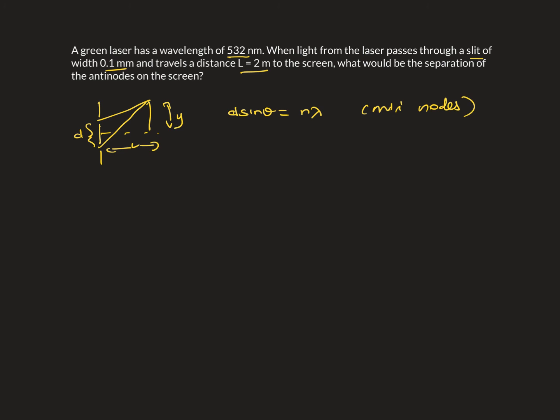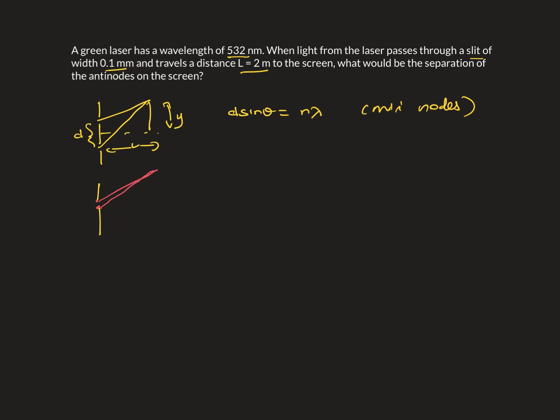But in this question, we're talking about just one slit. So that means there's only one slit. So how do we do that? When there's one slit, actually what happens is that the point here, the point here, and the point here, they will act as two different slits. So that means there's going to be a constructive interference between those two.